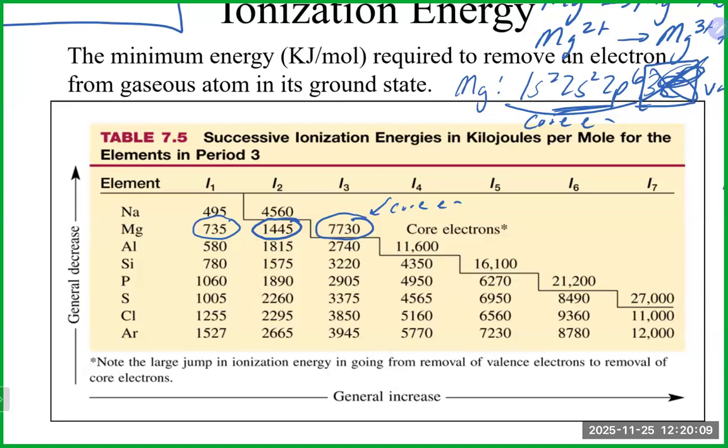It's not energy favored, so it doesn't really happen. That's also why something like aluminum is +3, right? Because after we get past that third electron, we are also into core electrons. And you can see the jump in energy from the third electron to the fourth is almost fivefold, right? So that's a lot of energy to try to remove that fourth electron. And again, it doesn't happen.